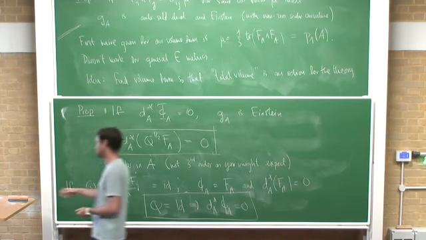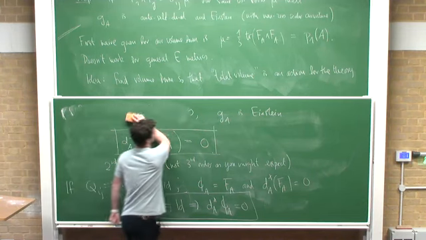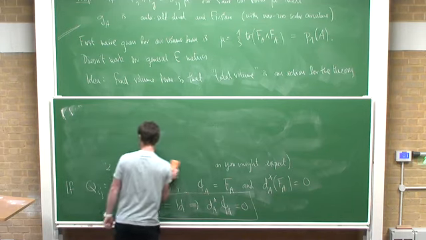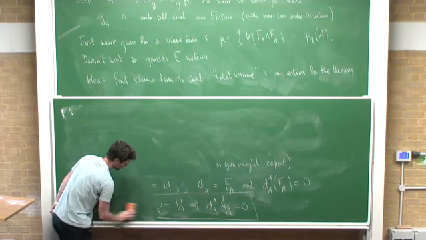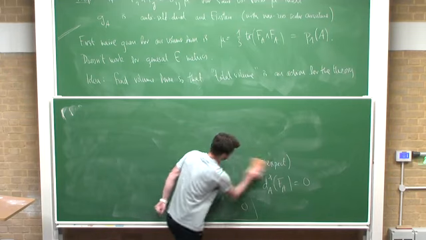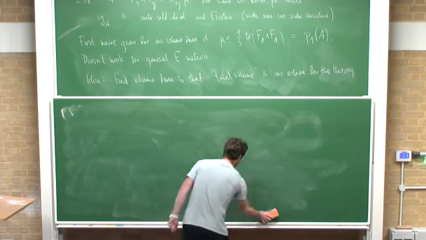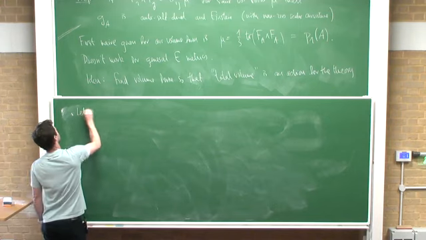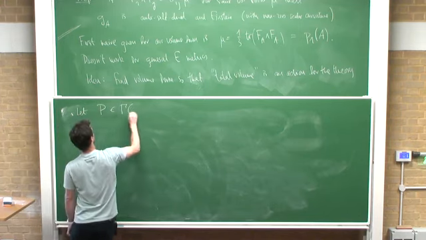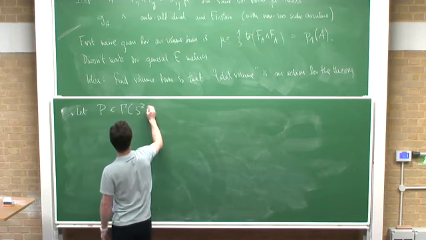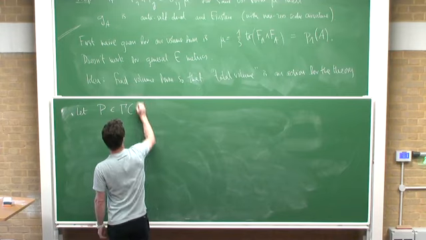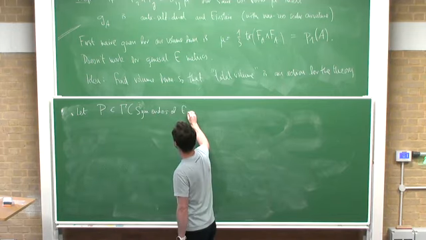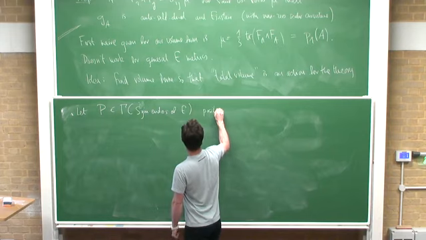Let's begin. Since we don't know how to make a choice, let's make lots of choices all at the same time and then work out how to restrict ourselves to the right one. So let's take P, a section of symmetric endomorphisms of E, which is positive definite.